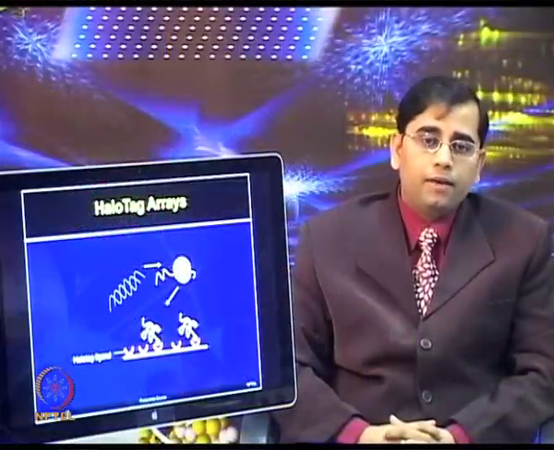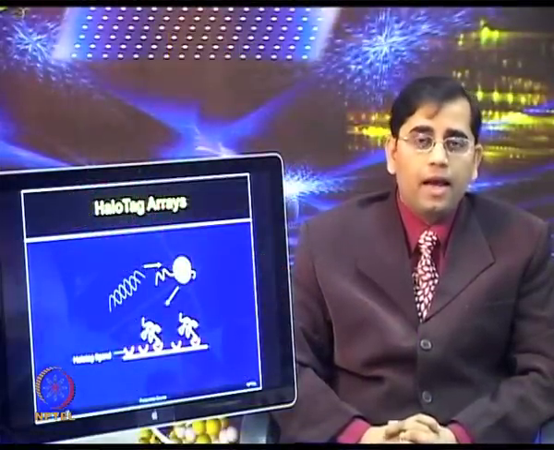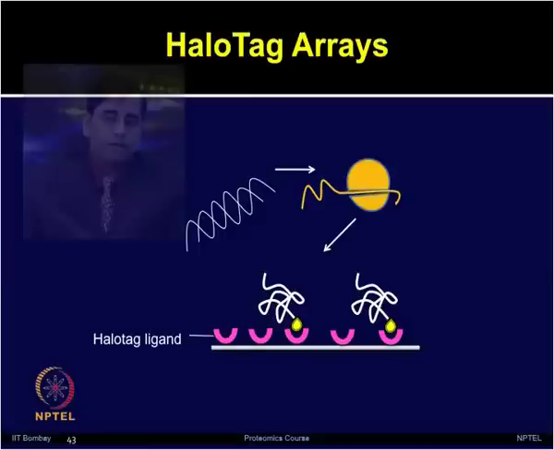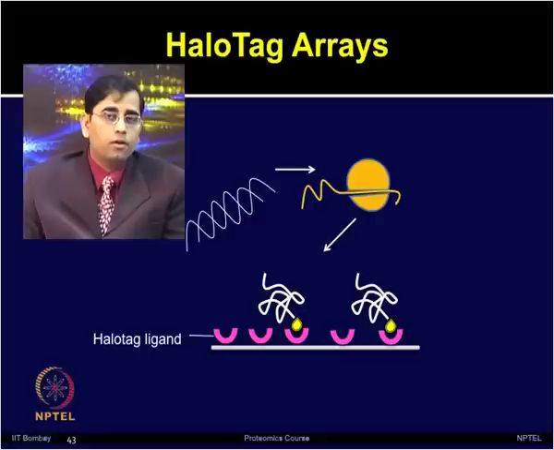So, as you can see in a nutshell, the HaloTag fused protein is expressed and covalently captured on the PEG coated slide and activation is performed by using HaloTag ligand. This provides very strong covalent interaction and minimizes loss of the synthesized protein, which usually occurs in the other protein microarray based methods.